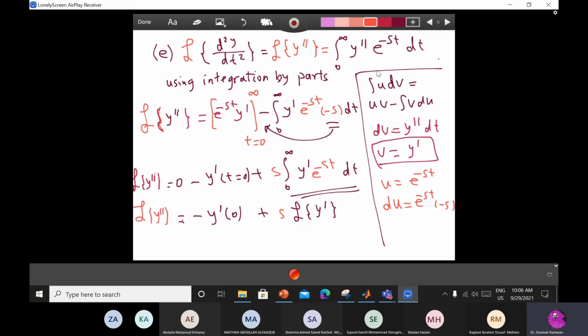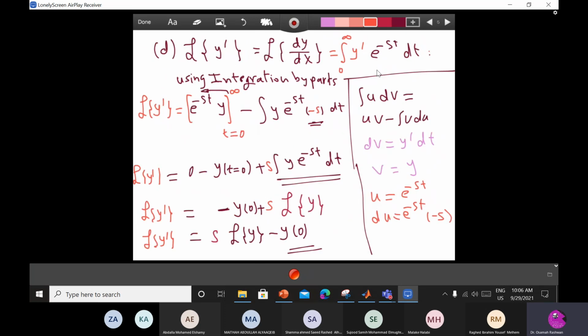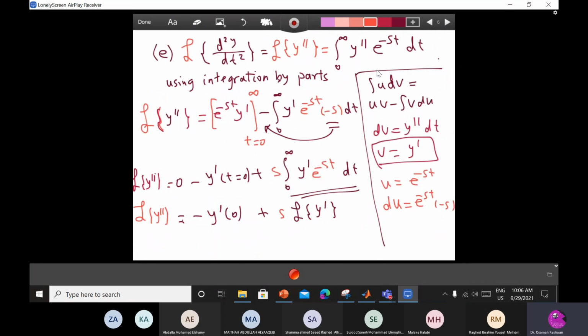Now I can copy it from here. The Laplace transform for y dash is sLY minus y at 0. So this one plus it is s, and I copy this one, which is s LY minus y 0. Okay, minus y dash at 0. That's it.